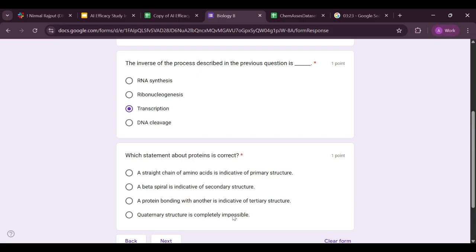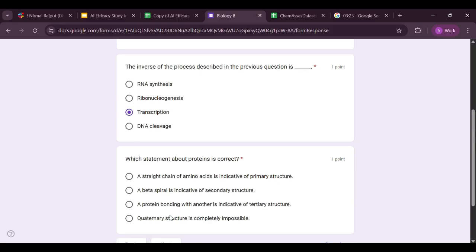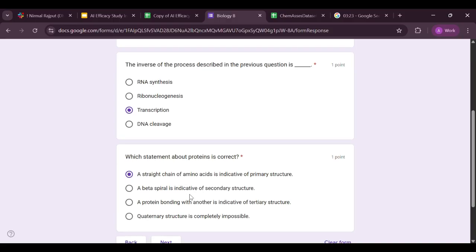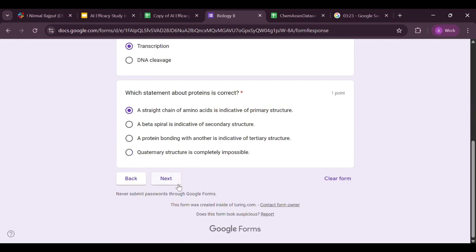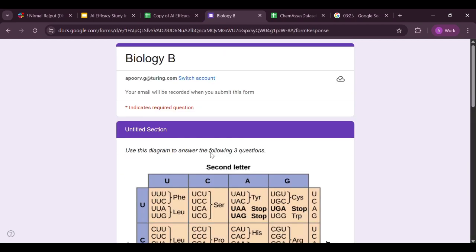Quaternary structure is completely impossible. No, it is somewhat possible. It might be correct, but according to me, the most logical answer is that a straight chain of amino acids is indicative of primary structure. Okay, so here as well, I will give the answer.